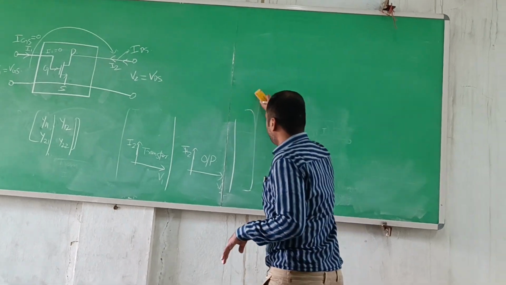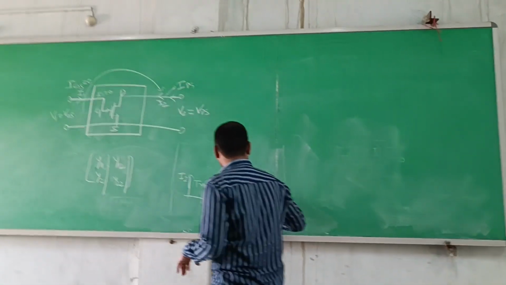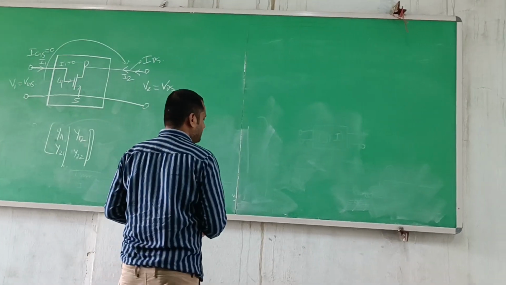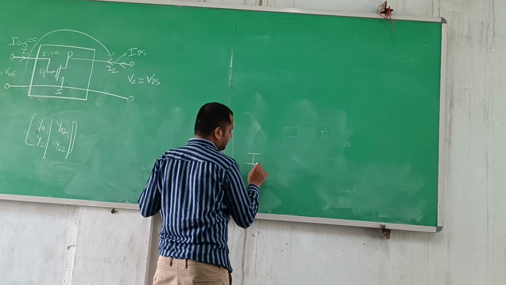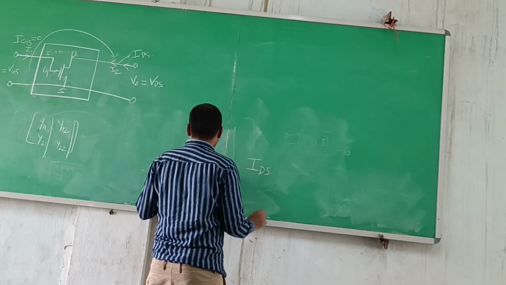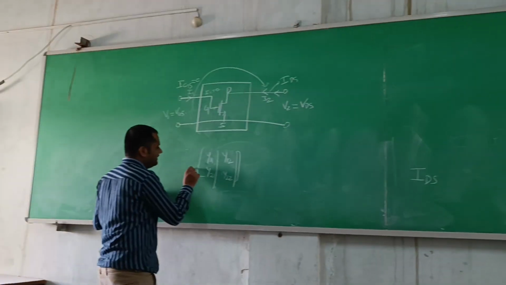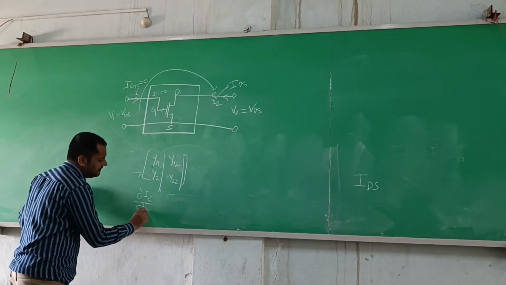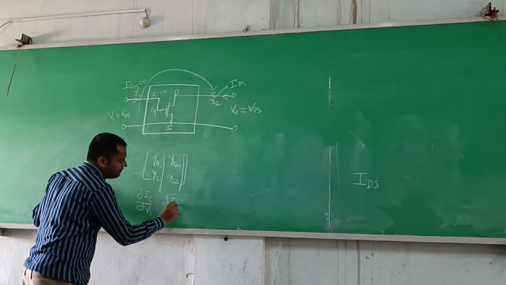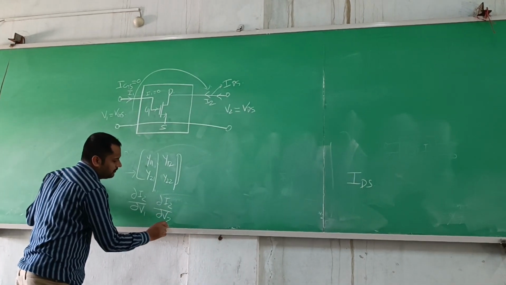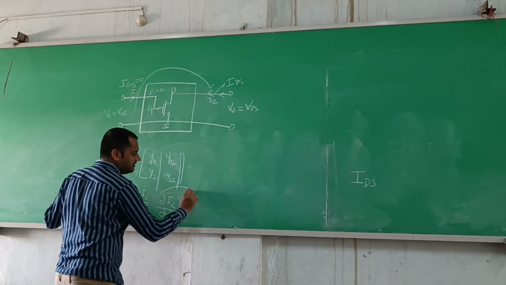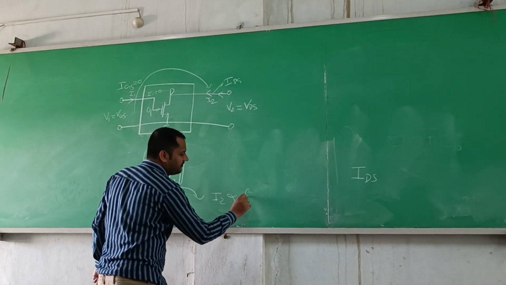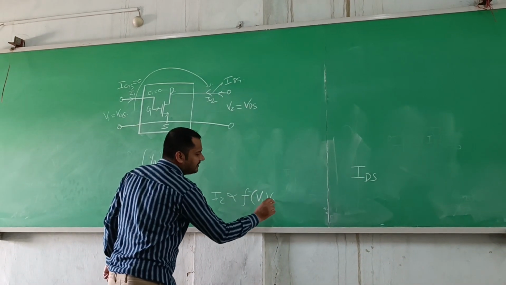We need not revise this derivation, so we will directly jump ahead. To know del I2 by del V1 and del I2 by del V2, we want I2 as a function of V1 and V2.